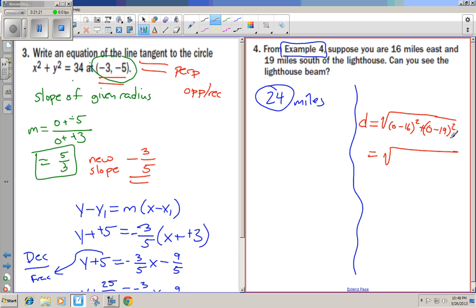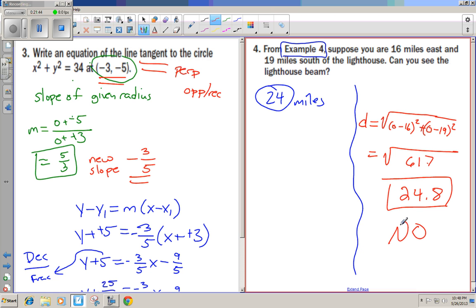Make sure you put parentheses around the negative before you square it, otherwise it's going to be all messed up. So now it's the square root of 617, which is approximately 24.8.